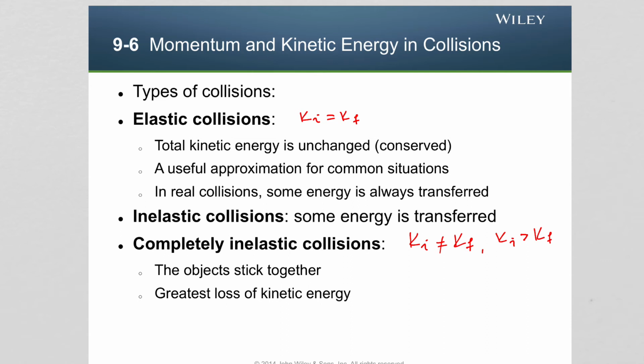And then some of the energy was transferred from the system in the form of sound energy. And depending on the particular inelastic collision, you also may have friction generated, which then will transfer energy from the system in the form of thermal energy.